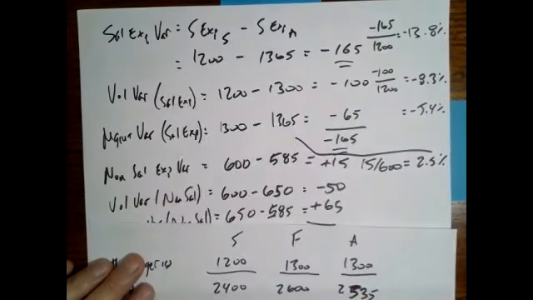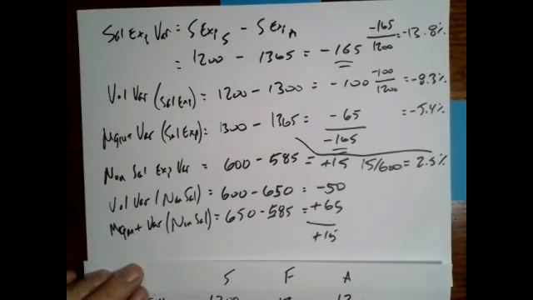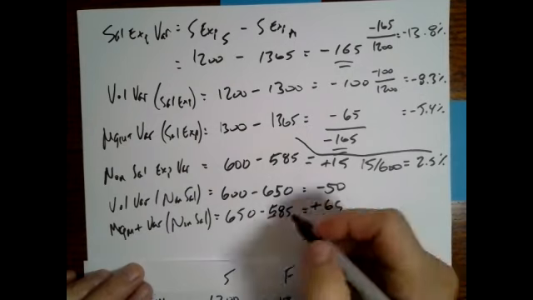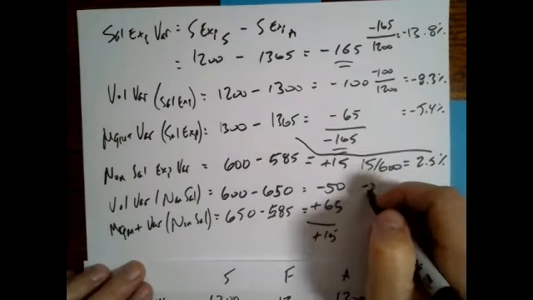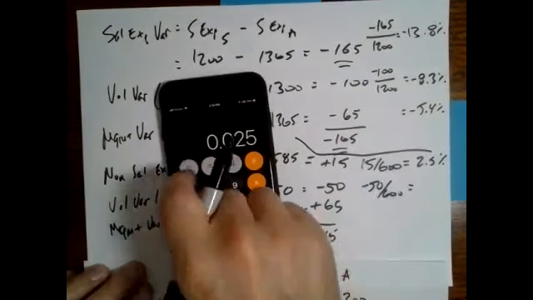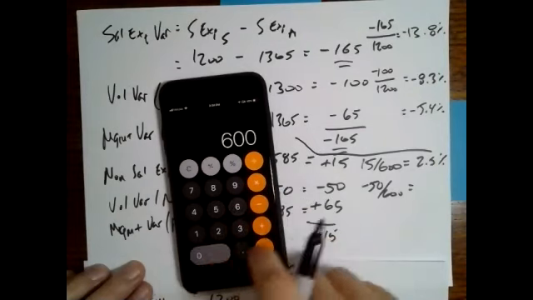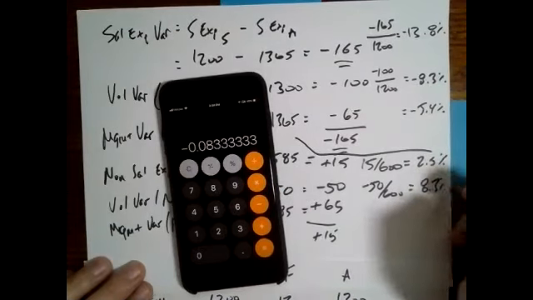So that means that these next two, the volume and the management variance, should add up to 2.5%. In terms of volume, we were off by negative 50. So negative 50 divided by 600 is negative 8.3%.